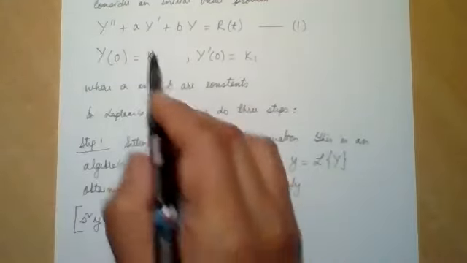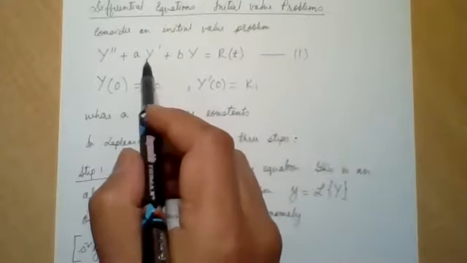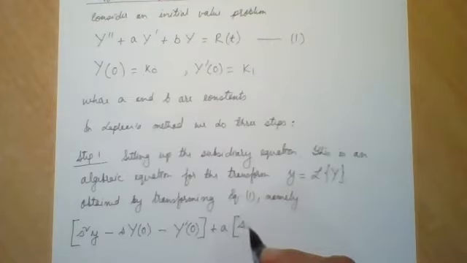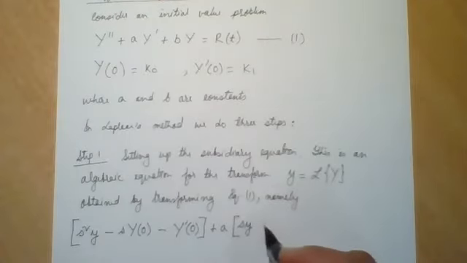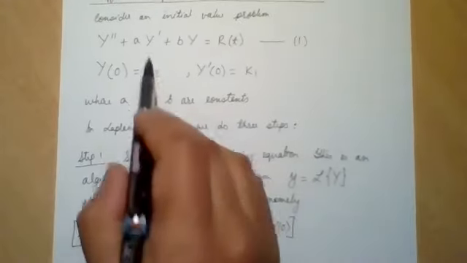Next, we take the Laplace transform of a y prime. Since a is a constant, we can put it outside. And what is the Laplace transform of y prime? The Laplace transform of y prime is s small y minus the value of capital Y at t equal to 0.